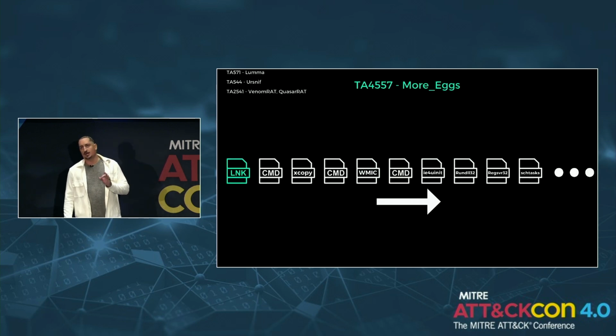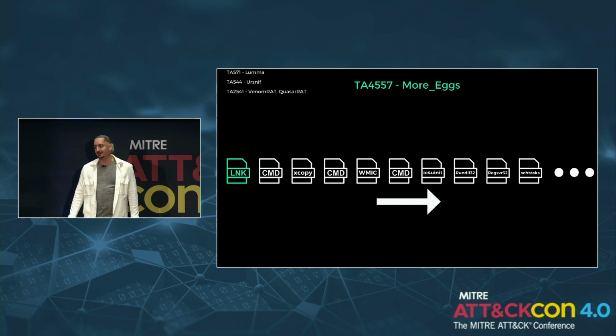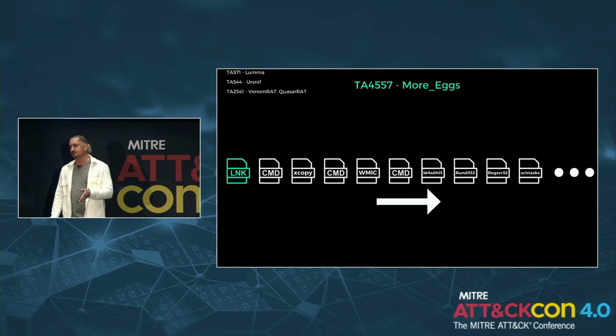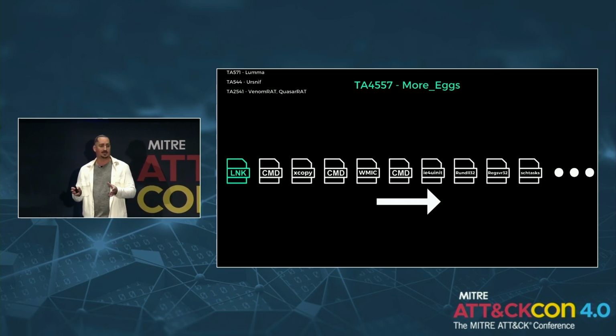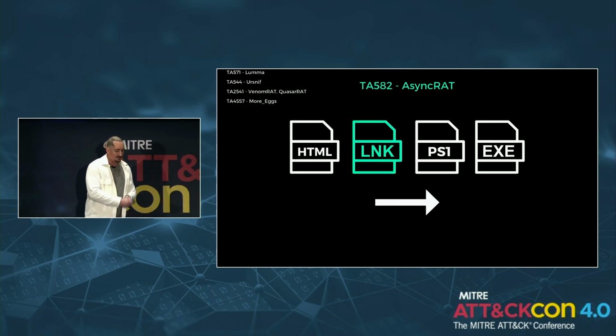And then, so you can see here that there are other examples where we have dozens and dozens of steps, quite literally, very convoluted attack chains. But the LNK file is undeniably an arrow in the quiver of threat actors that is essential for them to begin these attack chains, especially with the collapse of the macro-based threats that we saw in 2022 because of the changes that Microsoft pushed out. And so on and so forth.